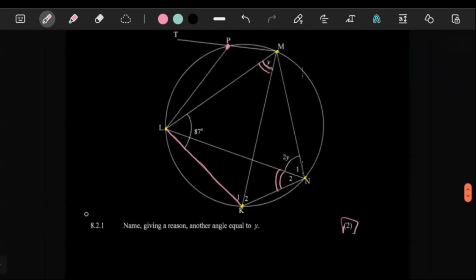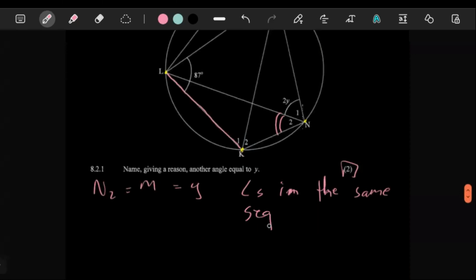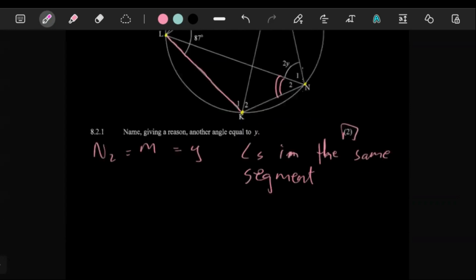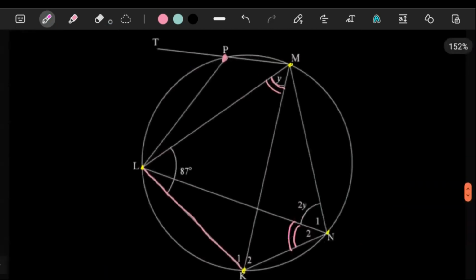So here we can say that N2 is equal to M, which is also then equal to Y. The reason is angles in the same segment. There you go. So with this being said, you might as well label this Y, and then you can just carry on with your question.